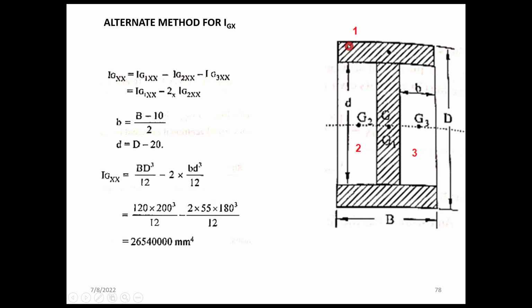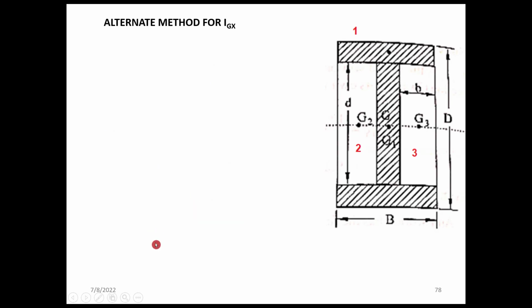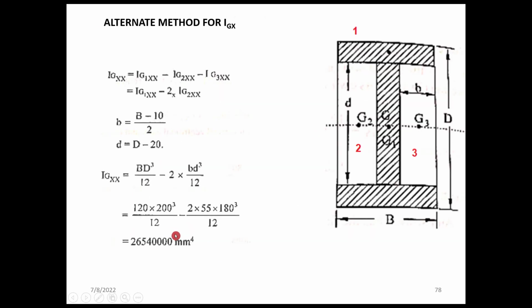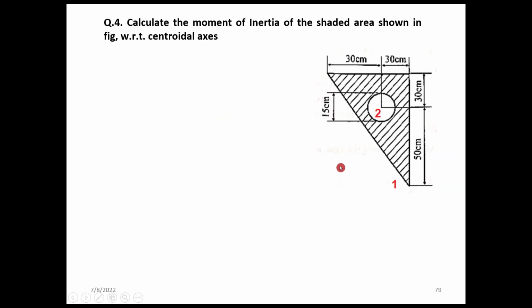D is actually total depth minus 2 times the thickness, 20. So BD cube by 12 for the bigger rectangle minus 2 times the small rectangle moment of inertia. Directly you get the same value, 2654, then 4 zeros are coming. So in a simple step you got the moment of inertia by accounting for the symmetry.